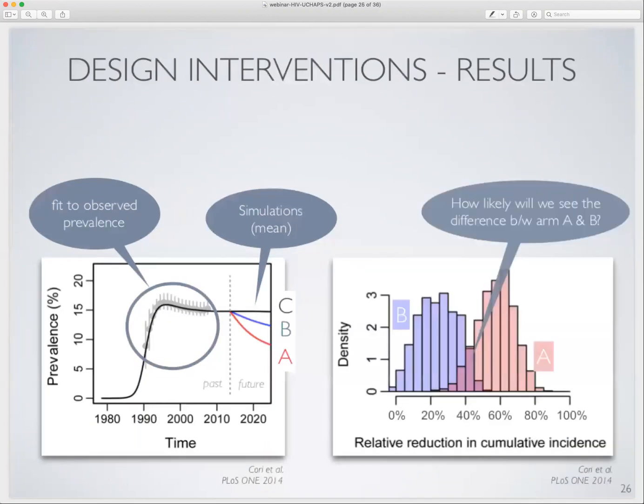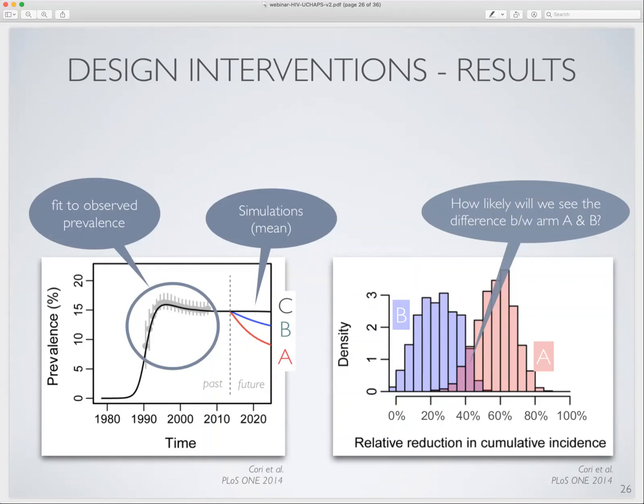But what's even more interesting in the case of this intervention is this figure on the right-hand side that tells us how likely it is that we will indeed see a difference between arm A and arm B. The red histogram on the right-hand side shows us the distribution of the reduction in cumulative incidence after 3 years in arm A, okay, with all the parameter values sampled from a broad range.